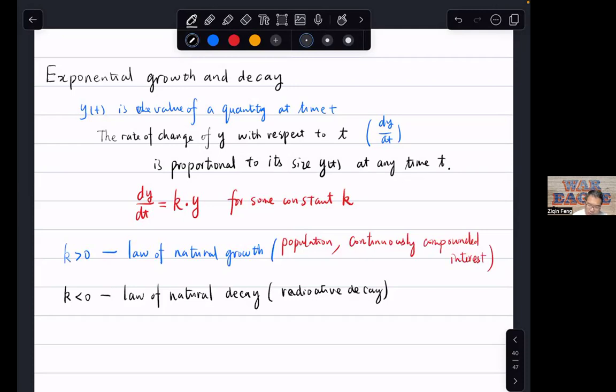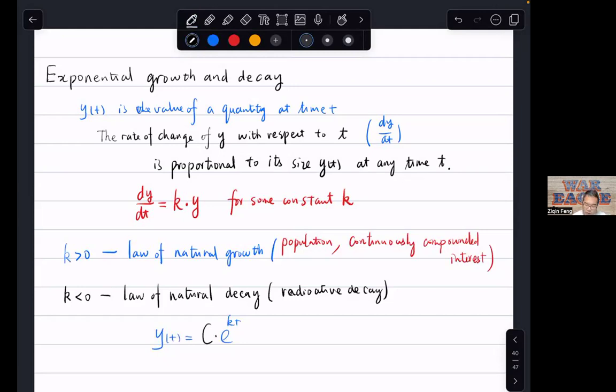By our discussion of derivatives so far, y of t should equal e to the kt. The derivative of this function is k times e to the kt, which is good. But by the constant multiple rule, if you multiply this function by a constant, it is still good.